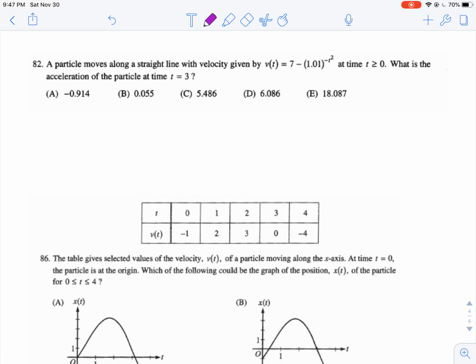All right, so the particle moves along a straight line with the velocity that's given right here. What is the acceleration of the particle at t equals 3? So it's a pretty straightforward calculator question. You're going to go to Math 8 on your TI-84, and it's going to say nDeriv.